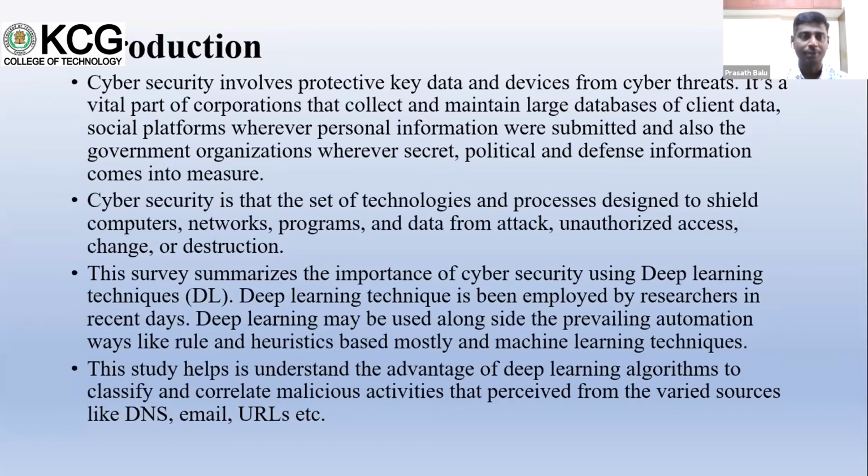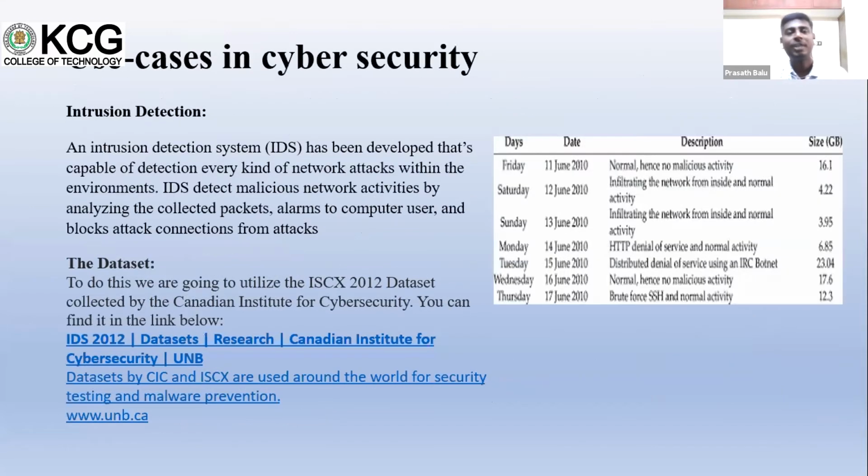Okay, now there are two use cases. We are going to jump into the first use case in cyber security, intrusion detection. Intrusion detection is nothing but, okay, something has entered the network.